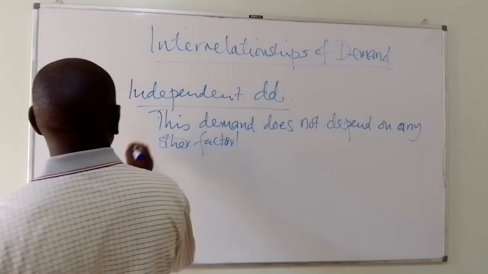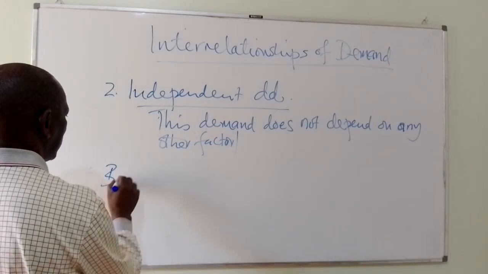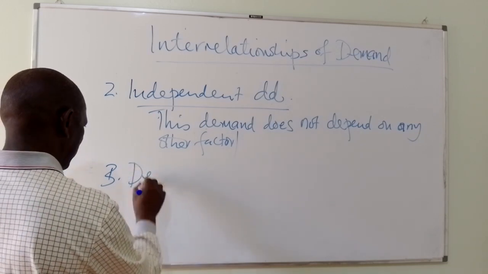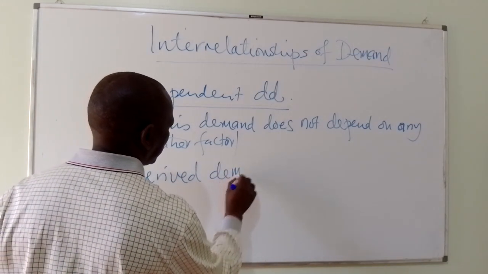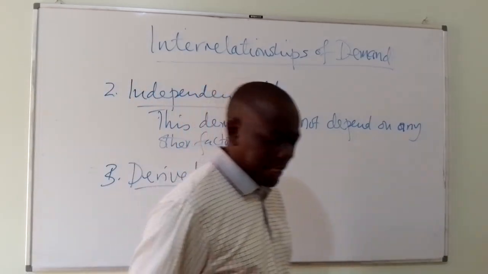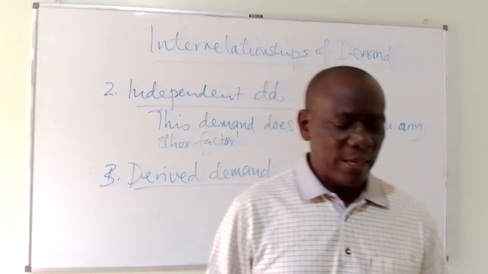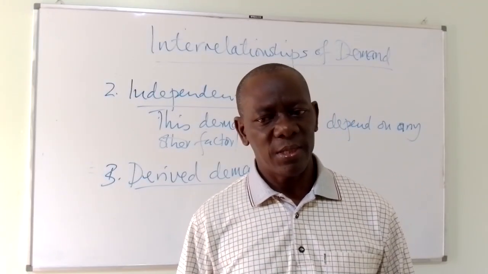Then we have the third one, which is derived demand. Derived demand is demand which is a result of having an initial demand for something else.